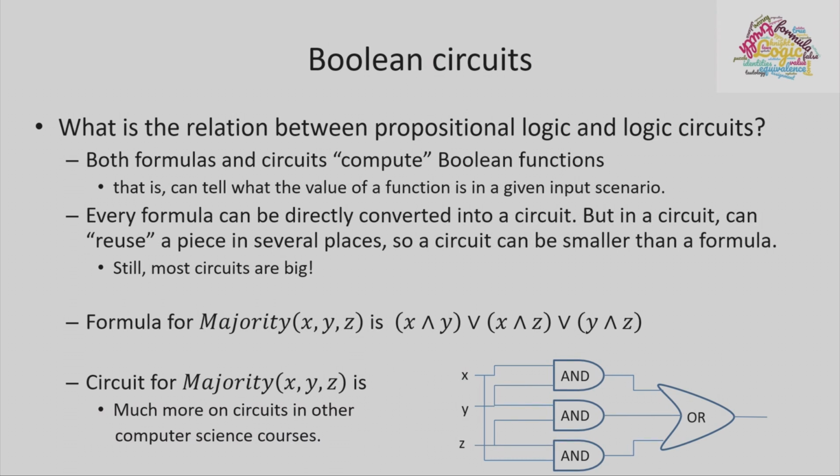And you could convert a formula into a circuit. Circuits can be more compact than formulas because in circuits you could pre-compute something and then use it in several different places. But generally, the same ideas that apply to formulas apply to circuits. You could talk about truth tables, you could talk about evaluations and satisfying assignments and all of that stuff.